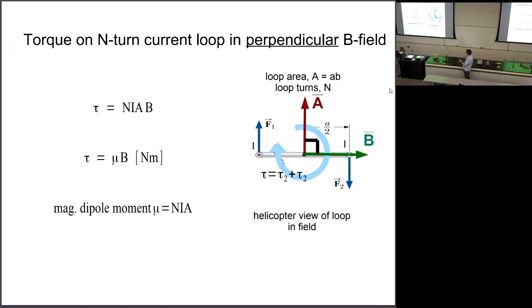So we end up with this very simple conclusion that this loop will rotate, and it will rotate with a rate that's determined by the field and its magnetic moment, where its magnetic moment depends on its area, how big or small the loop is, depends on how many turns of wire the loop has, and depends on how much current you push through the turns of wire. So it depends on all those things.